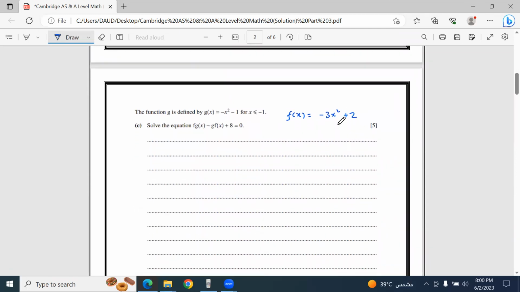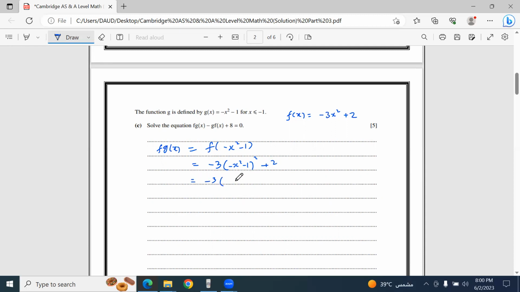We will do it step by step. First of all, f g of x, where g of x is minus x squared minus 1. Then apply this in function f, which is minus 3 times minus x squared minus 1 whole squared plus 2.